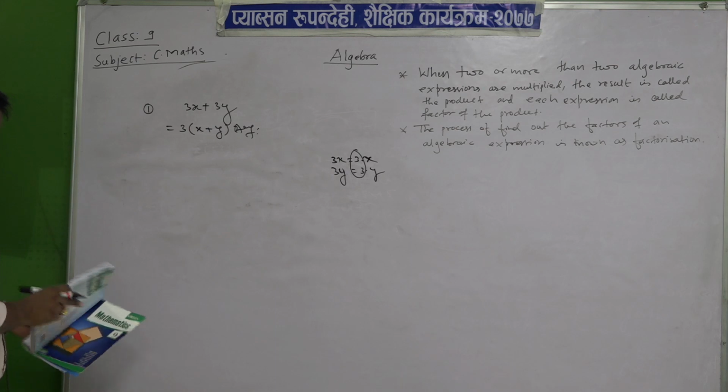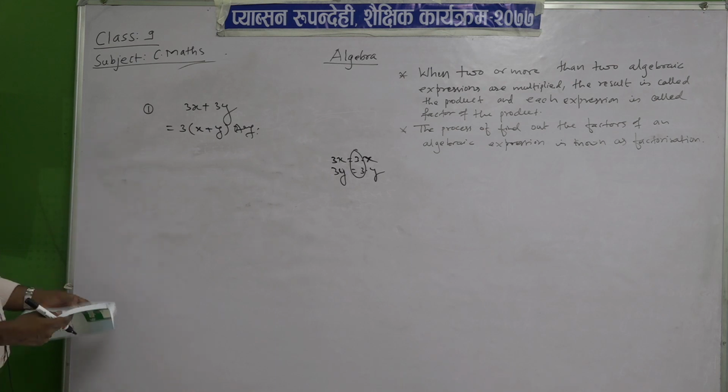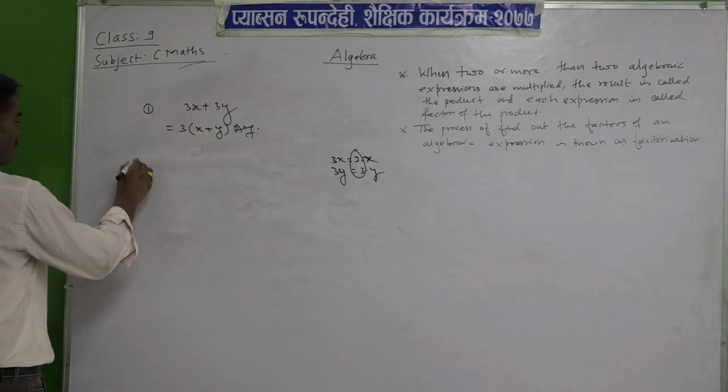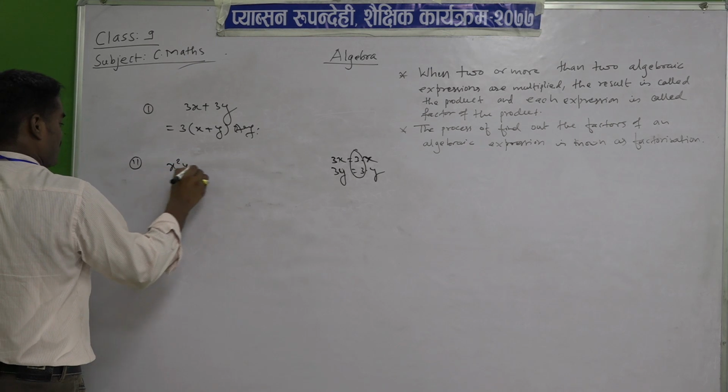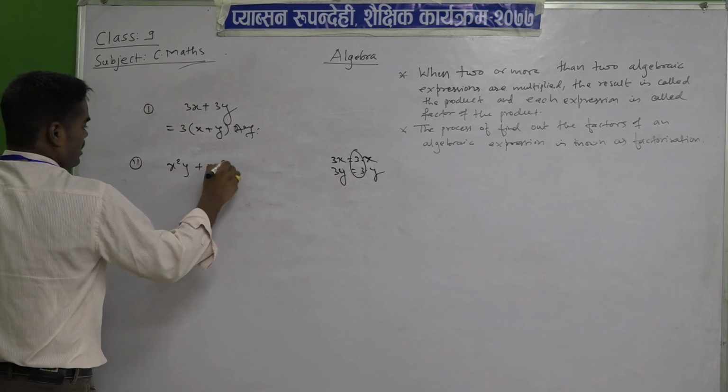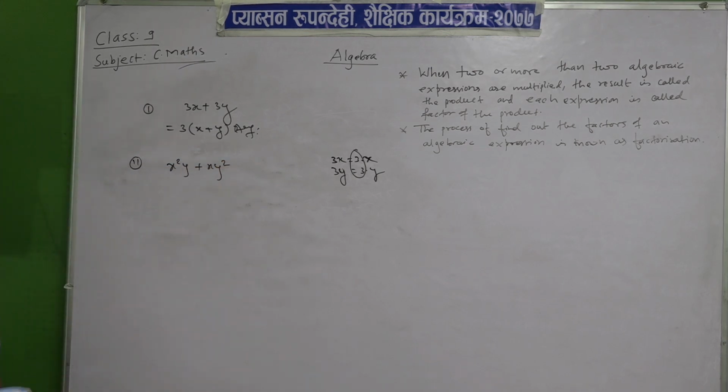And then see here, one more, like here x square y plus x y square.